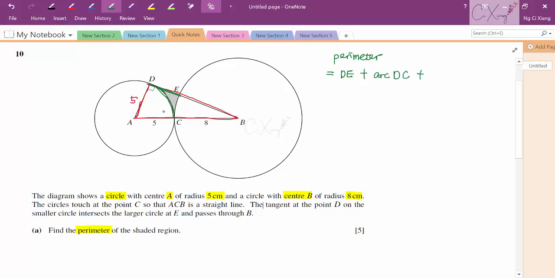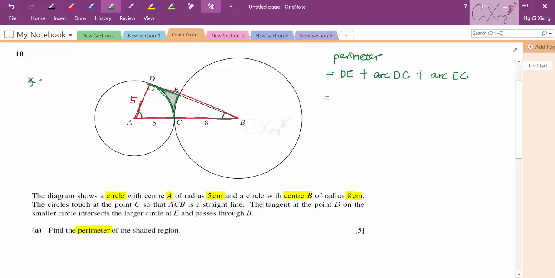And the third one will be the arc EC. Okay, so when we want to calculate the value for the arc DC and arc EC, generally we need to know what is the angle DAB and also angle DBA.